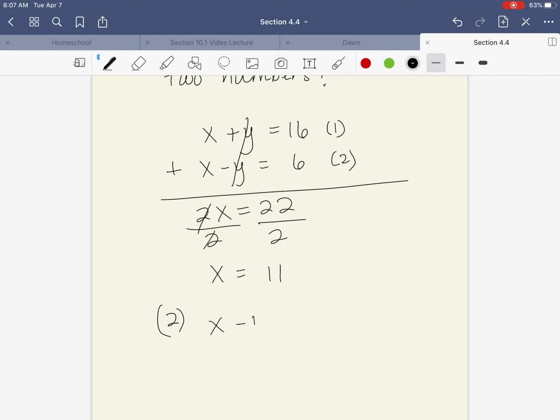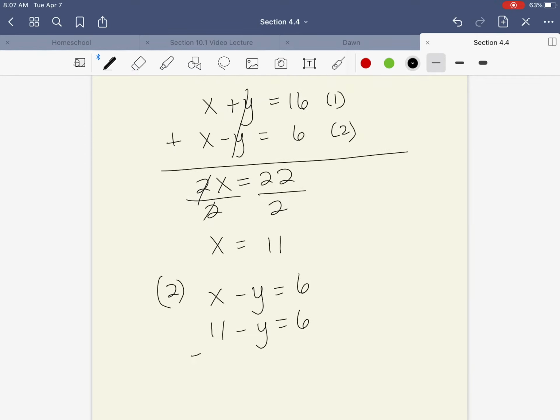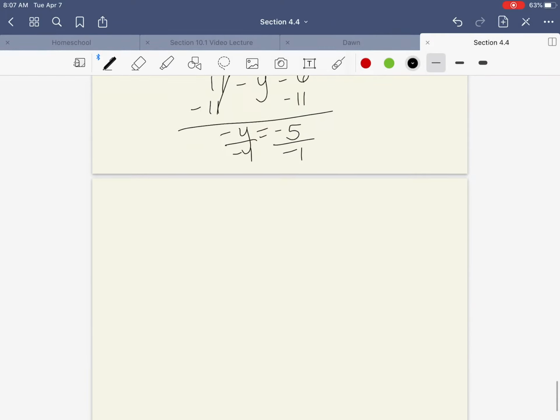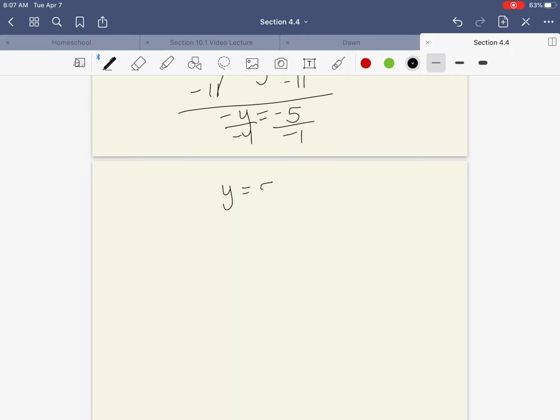I'll plug it into equation 2. 11 minus y equals 6. So we get y is equal to 5. So the numbers are 11 and 5.